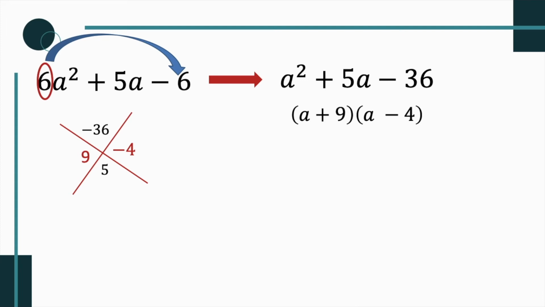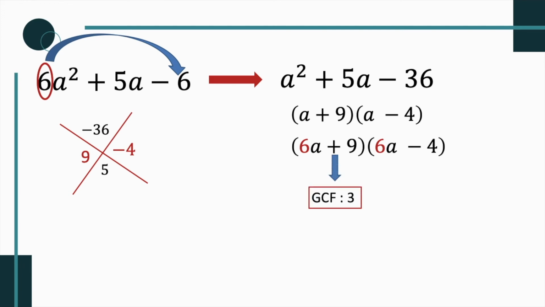Now, we will bring back 6 as the leading coefficient of each factor, resulting in 6a plus 9 and 6a minus 4. Next, we need to determine the GCF of each factor. For the first factor, 6a plus 9, the GCF is 3.